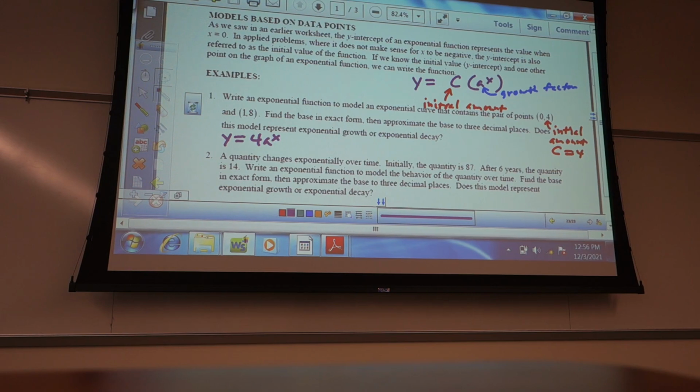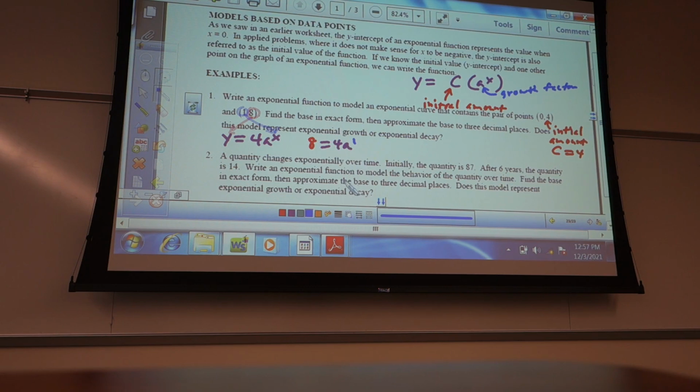Now there are two different ways we can find a. The first way is substituting 1 in for x and 8 in for y. That's the easiest way, I think. So I'll put 8 in for y and 1 in for x, and we get 8 equals 4 times a to the, what's my x? 1.